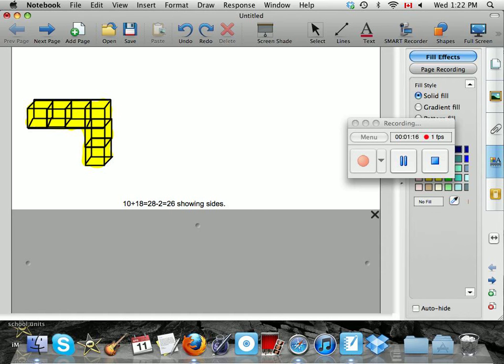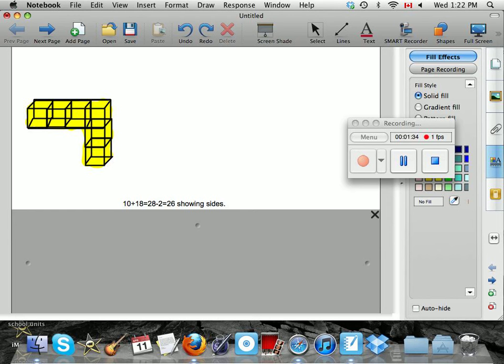But now we need to find how many sides there are on this. And by the way, each of those little cubes is one side. Okay, so now there are 2 there at the bottom, those little stragglers.